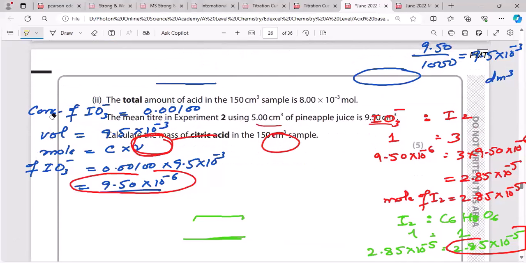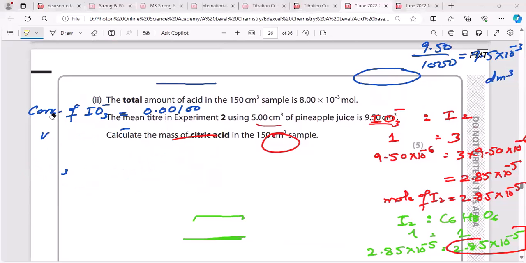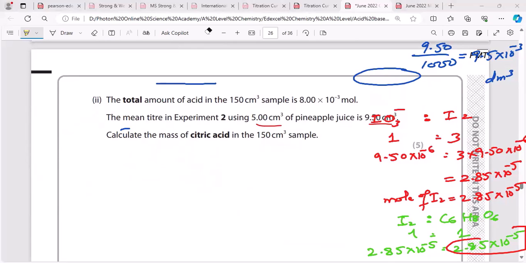Need to erase so that I can have space. Right now, what I have is moles of ascorbic acid, which is 2.85 into 10 raised to power minus 5.